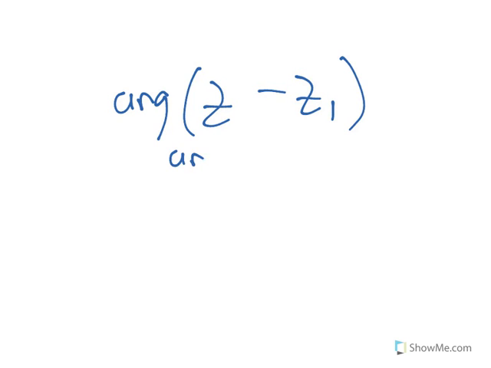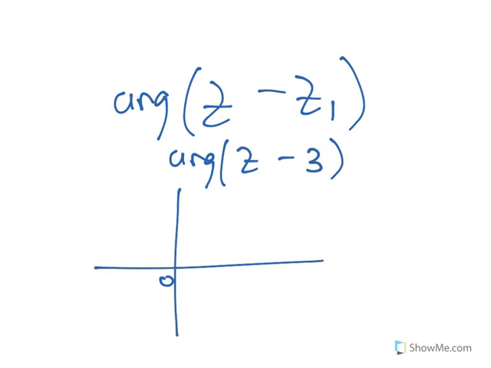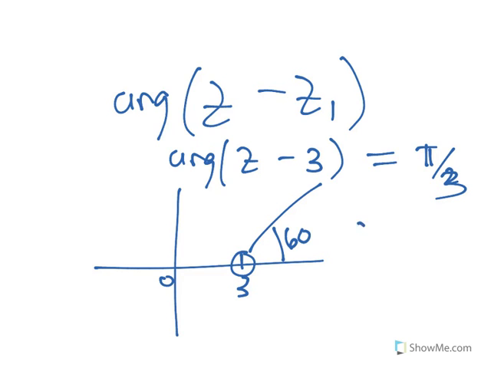I just want to make real clear what you mean by arg of z minus z1. If you want arg of (z minus 3), for example, that means you go to the number 3 and draw a ray. Now if I said that equals pi on 3, that means that angle there is equal to pi on 3, which is 60.